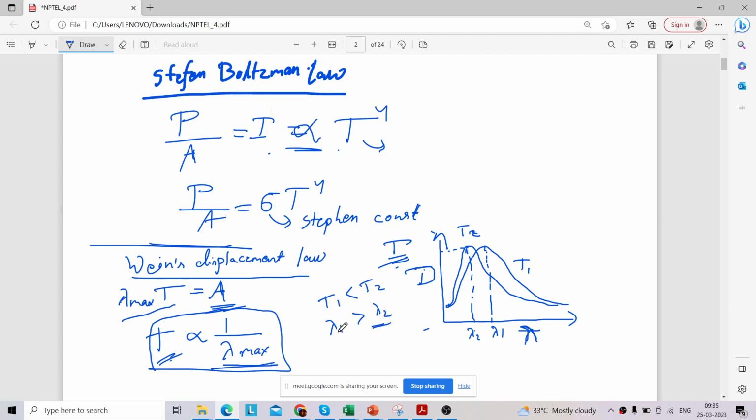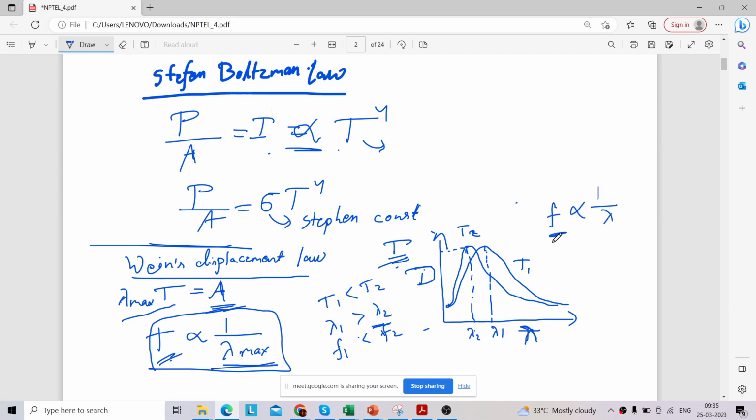That means the frequency will increase, as frequency is inversely proportional to lambda.